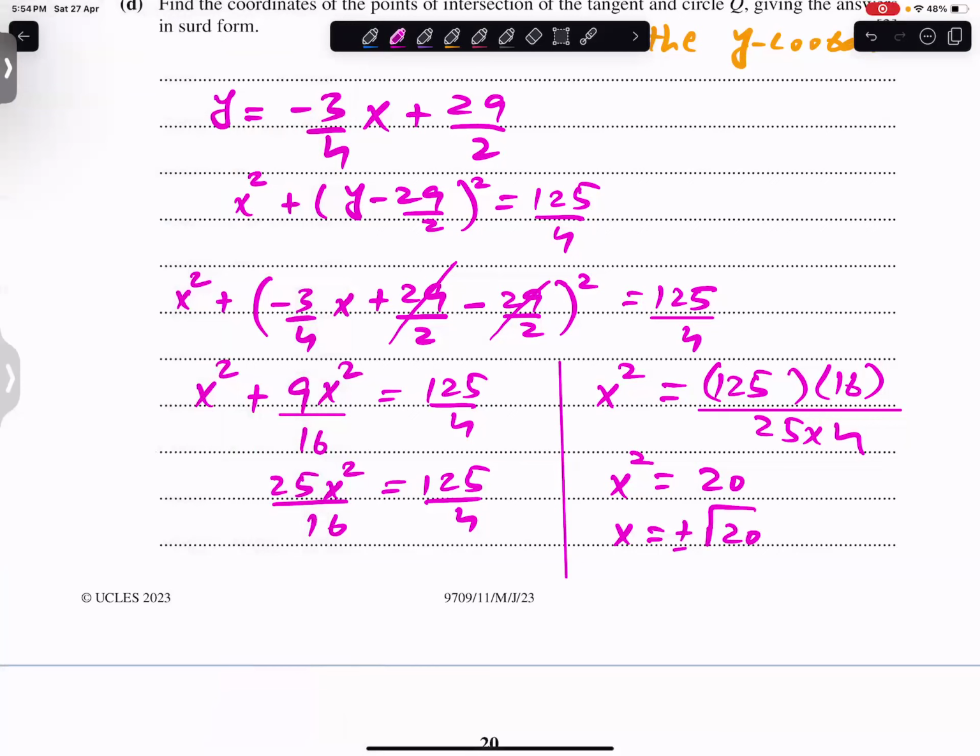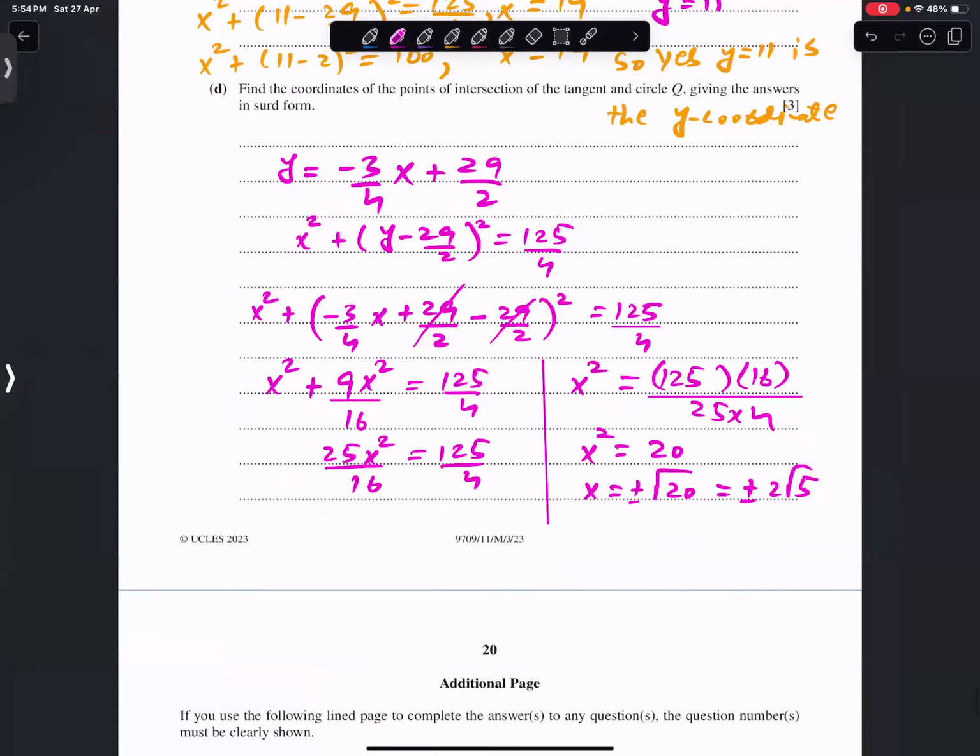So again, you can write it as plus or minus 2 root 5, because 20 can be written as 4 times 5. Then you will use these values above: −3/4 times 2 root 5 plus 29/2.